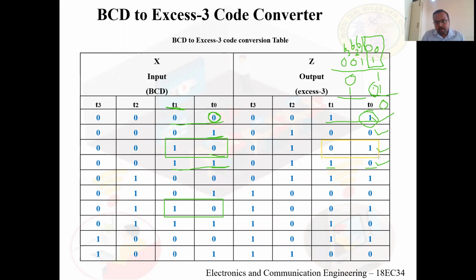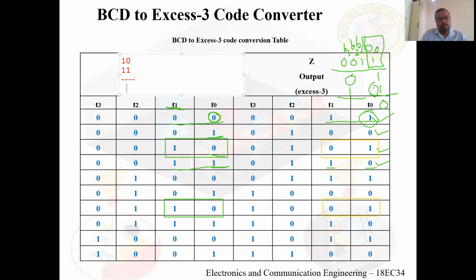We have it as 0, 1, 0. Why do we get that? When it is 1, 0, you add 1, 1 to it. Because as I said, B1 is added with 1, B0 is added with 1, B2 is added with 0, and B3 is added with 0. So when I perform the addition, 0 plus 1 will be 1 here, and 1 plus 1 will be 0. The carry will be 1. You get it as 0, 1, and 0, 1.